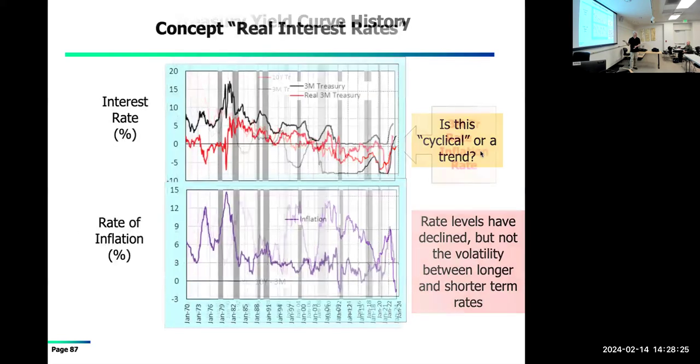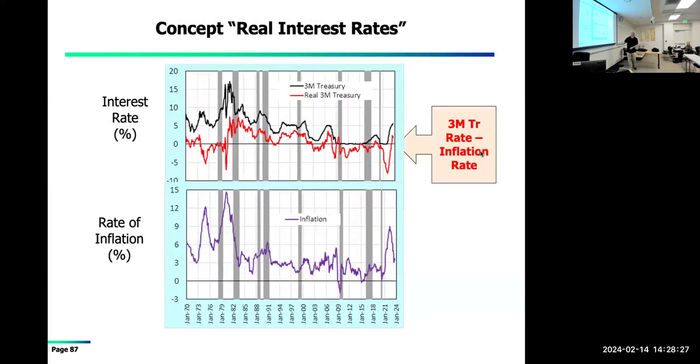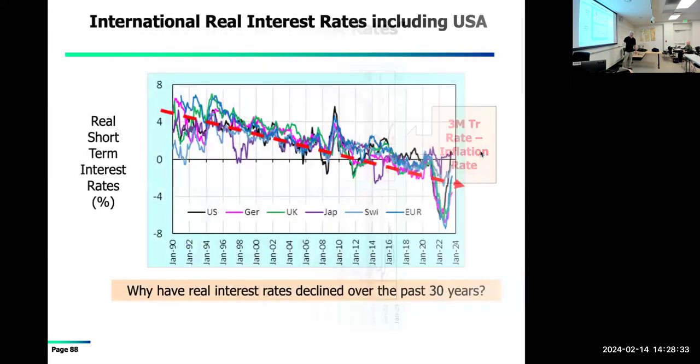And if you look at this, it's the same graph as you looked at before. This is the 3-month Treasury rate to illustrate how you calculate the interest rate. Well, you can look at interest rates across all the advanced economies. These are short-term interest rates.